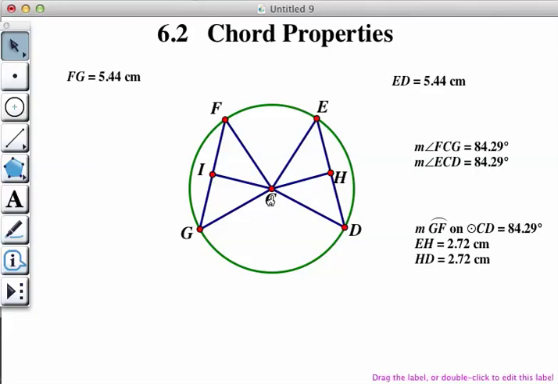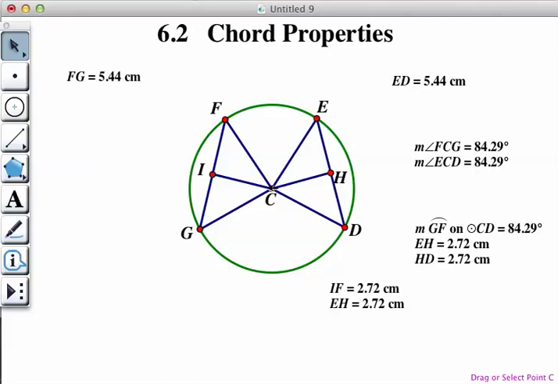But more importantly, if I know that this chord is congruent to this chord, then I know when I bisect it, this segment, FI, is congruent to segment EH. There we go. IF is congruent to EH. And I also know that this central angle is congruent to this central angle.